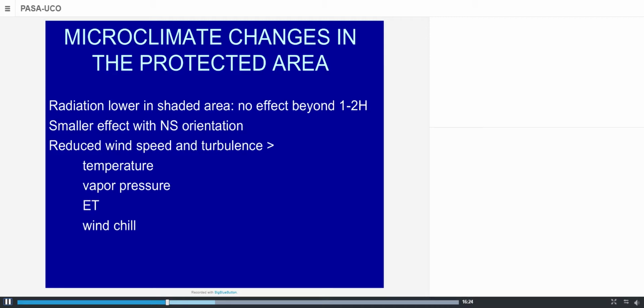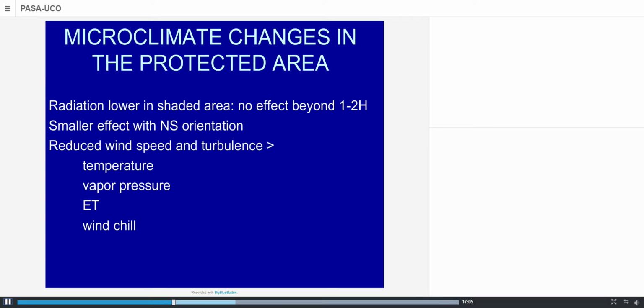The lower effect on radiation is that of north-south oriented windbreaks. Why? Because at noon, when solar radiation is maximum, the shadow cast by the windbreak will be very small. The highest effect of windbreaks on radiation is that of east-west orientation, because we will always have a shaded area to the north part of the windbreak.